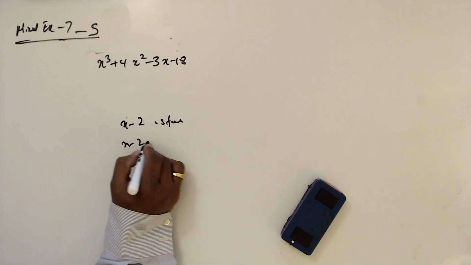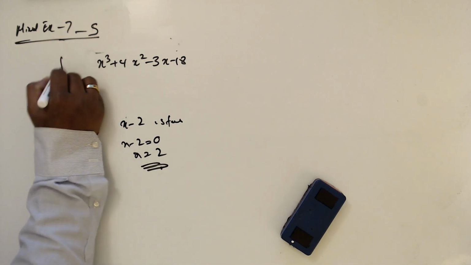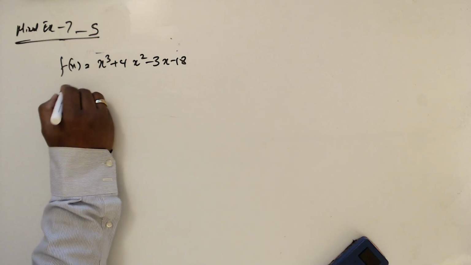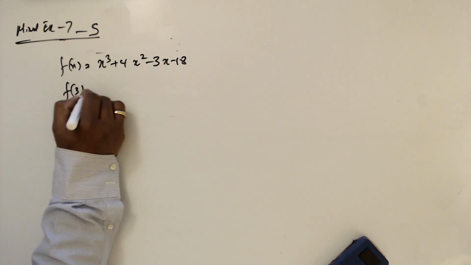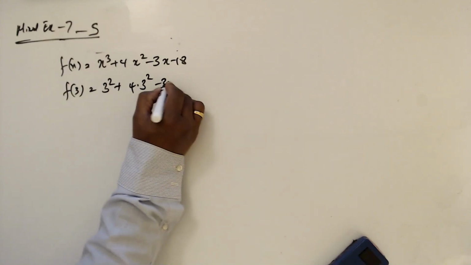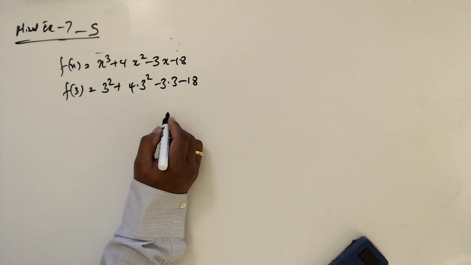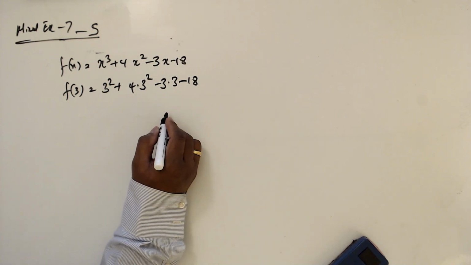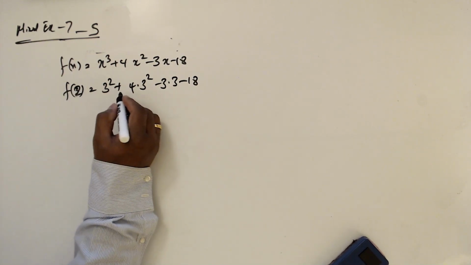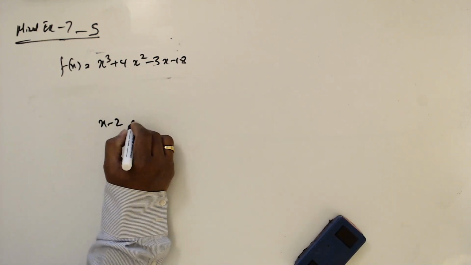It means x minus 2 equals 0, x equal 2, I have to substitute. So I will take fx from the factor theorem. Sorry, it has to be f2 because x minus 2 is a factor.